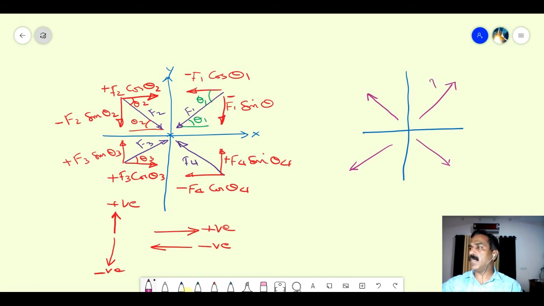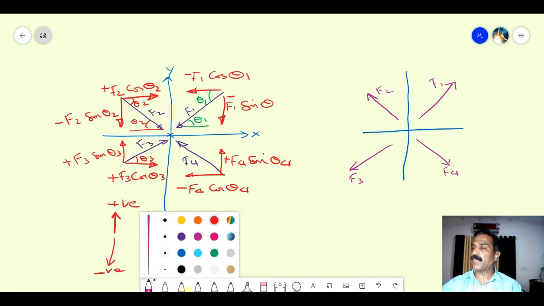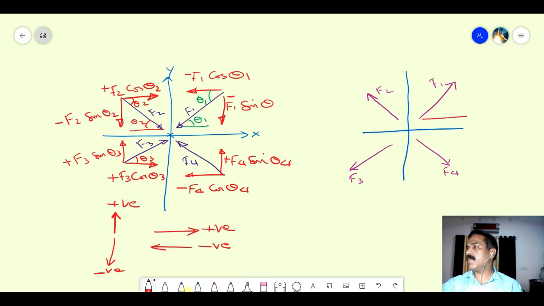So let this be F1, this is F2, this is F3, and this is F4. So for F1, the components will be, this will be the vertical and this is the horizontal component. So F1 cos theta 1, where this is theta 1.